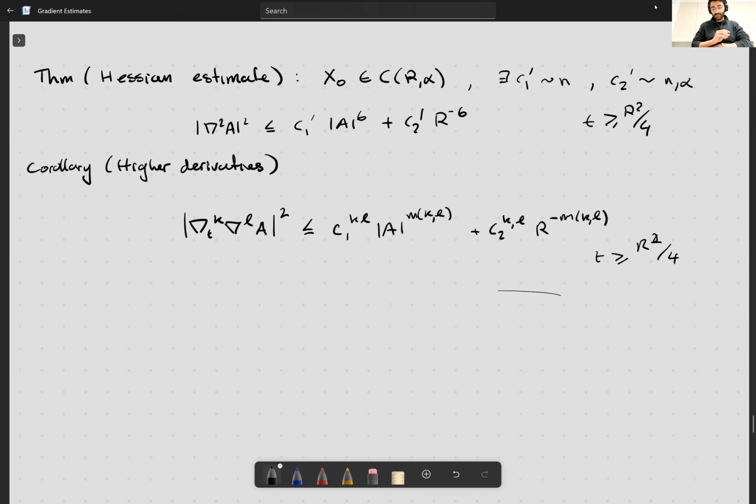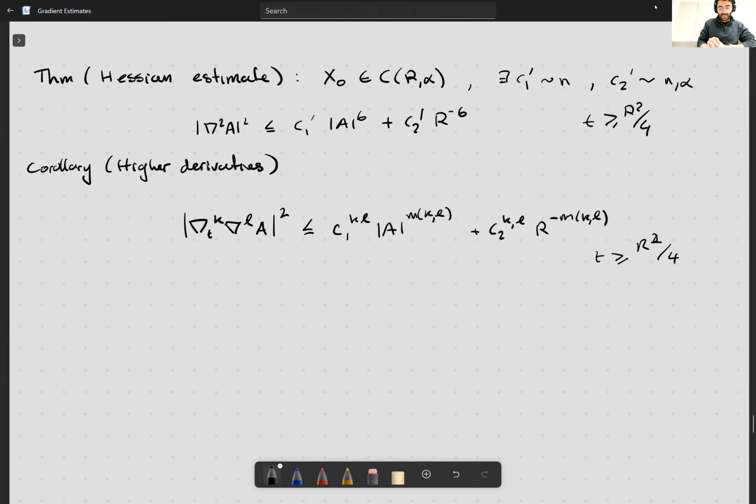Because for example, in normal parabolic equations, once you have the first and second derivatives, you can get all the higher derivatives. But in the presence of surgery, you can't go as high as you want anymore with these derivatives.